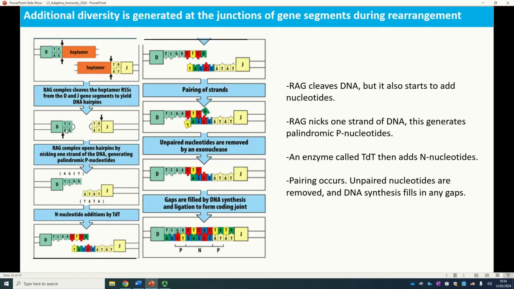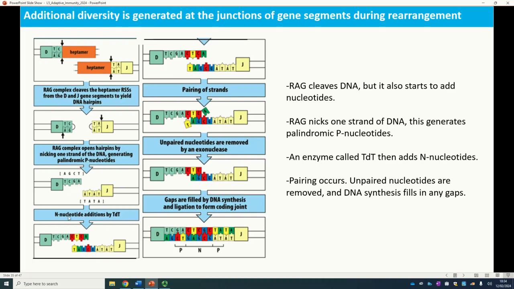You can see how it's been nicked on one side, it's opened out, and we've got a palindromic sequence on one strand and another one on the other strand. These are known as the P nucleotides, P for palindromic, okay? So you can see we've added in some extra base pairs.